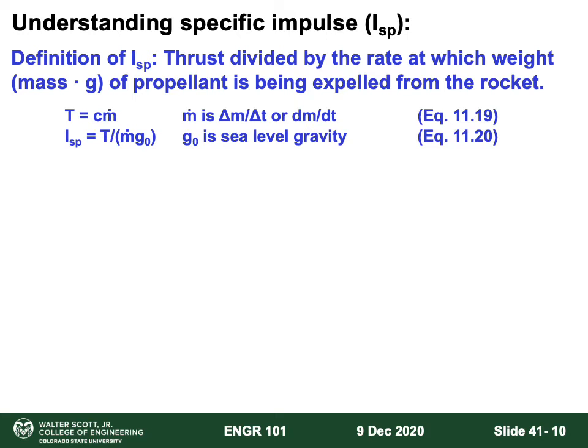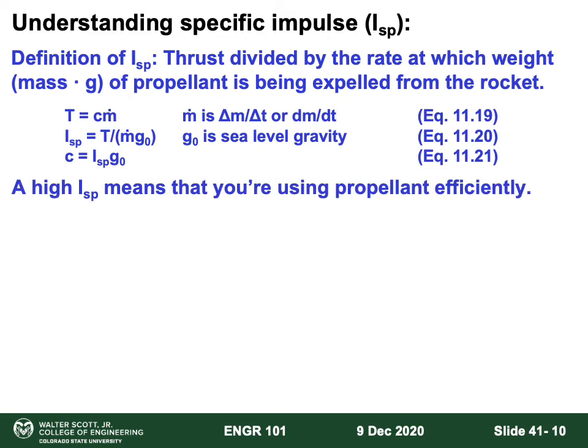And so, with those two equations, we can also define C as being the specific impulse multiplied by gravity at sea level. Okay, so think of that C as this exhaust velocity.